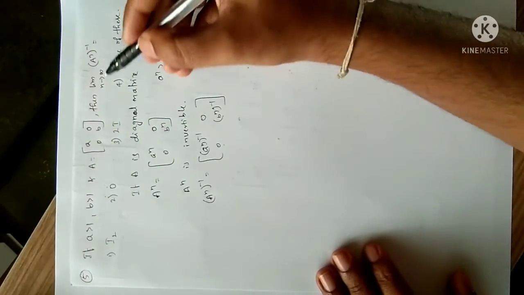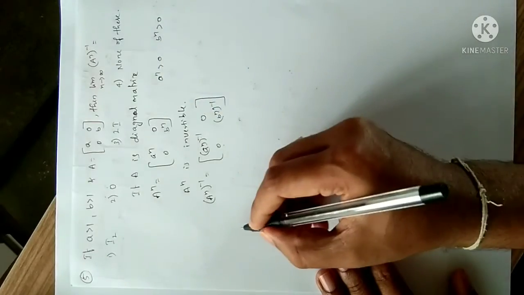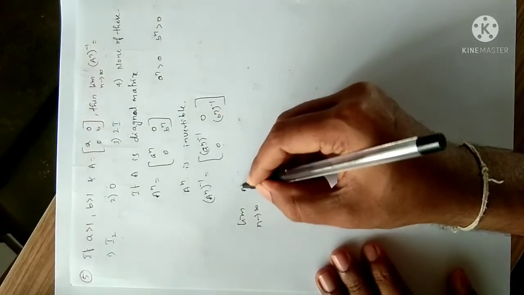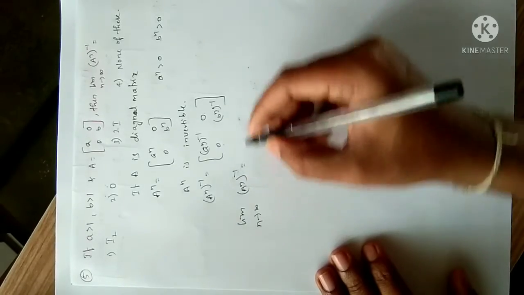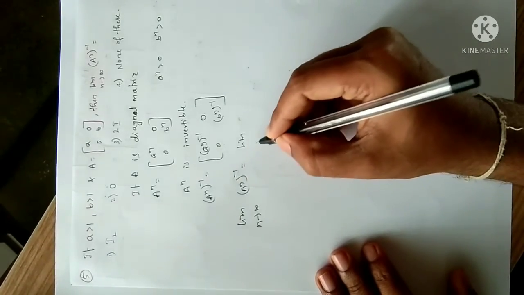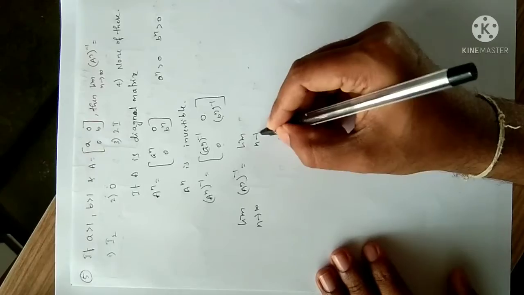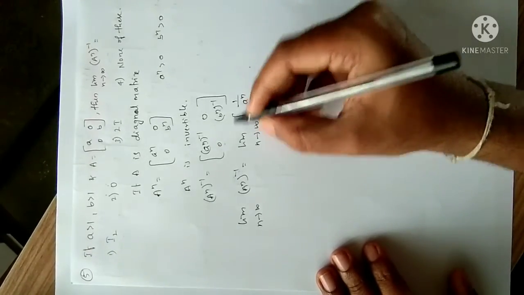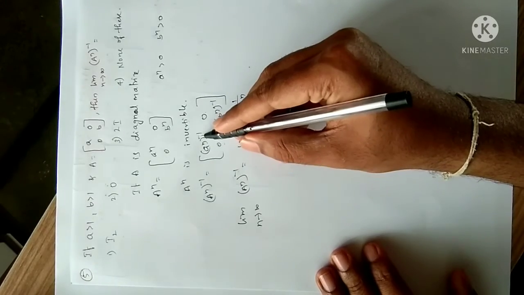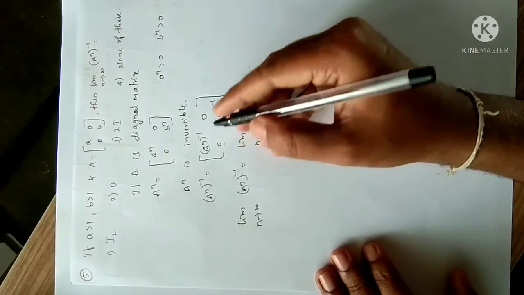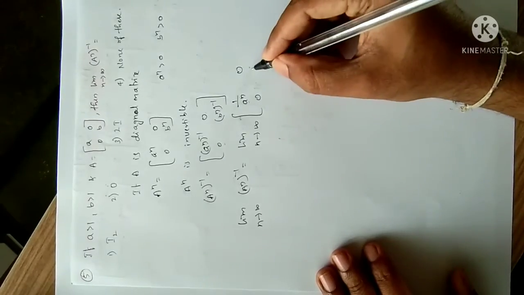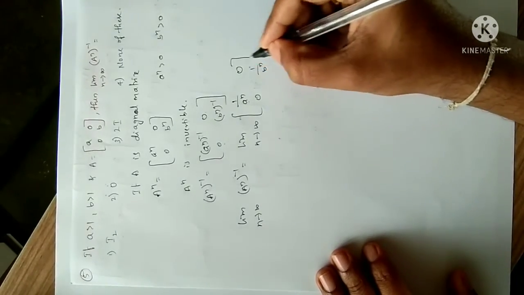Now what they are asking is limit n tends to infinity of A^n whole power minus 1, which is equal to limit n tends to infinity of [[1/a^n,0],[0,1/b^n]].